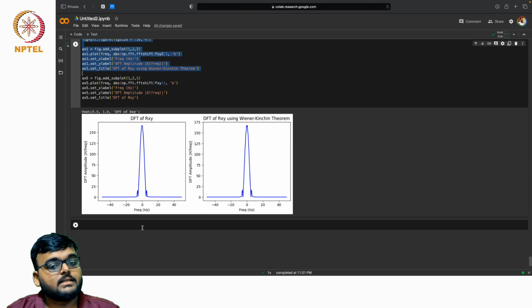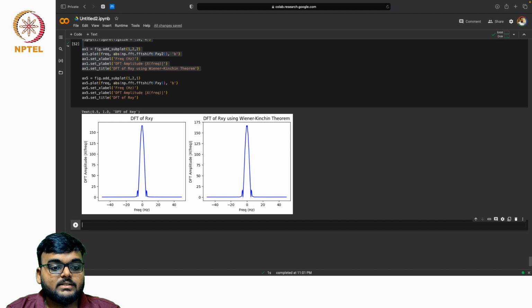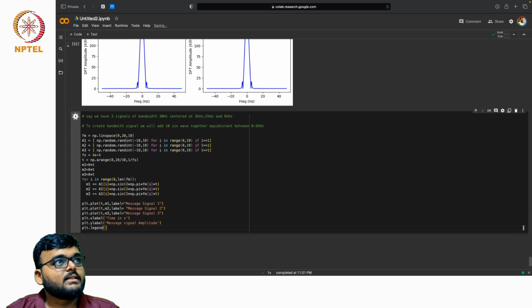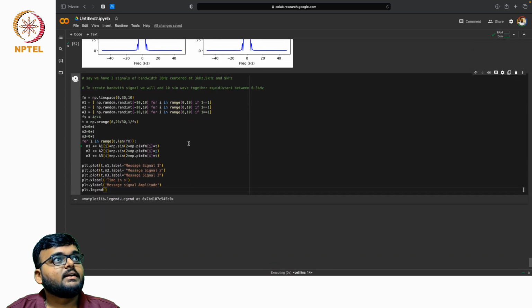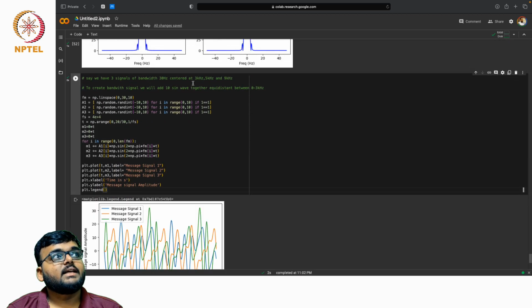So this is that. Now let's understand something called filtering. Say we have multiple signals which are combined together. Let's say we have 3 signals, each with a bandwidth of 30 Hertz, centered at frequencies of 3 kilohertz, 5 kilohertz and 9 kilohertz.